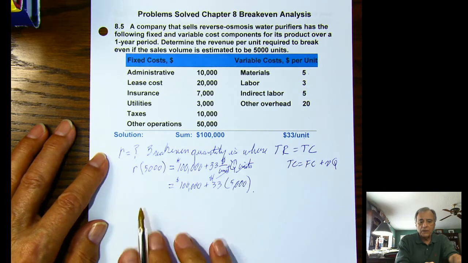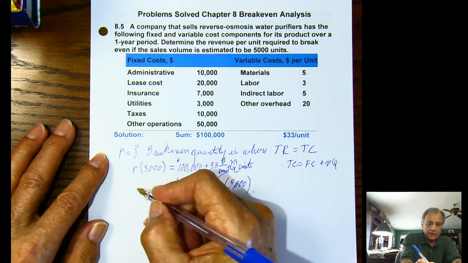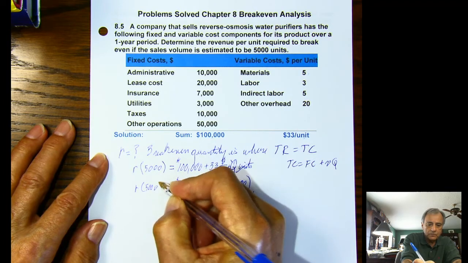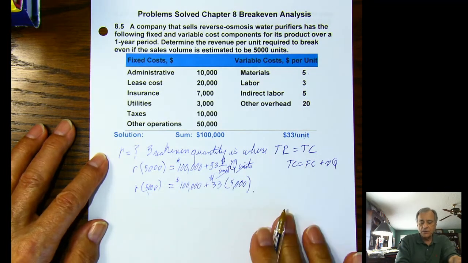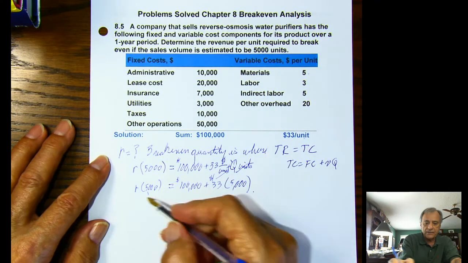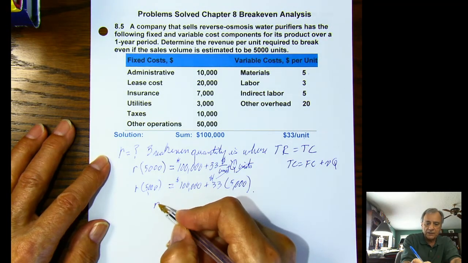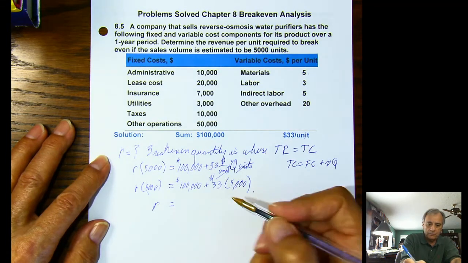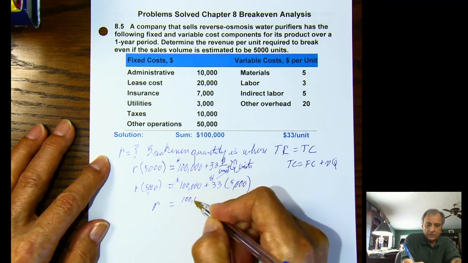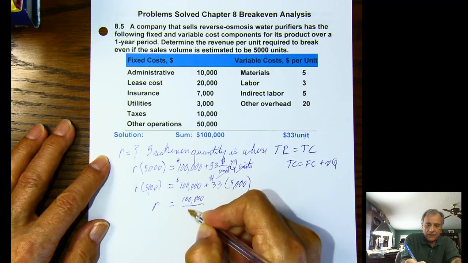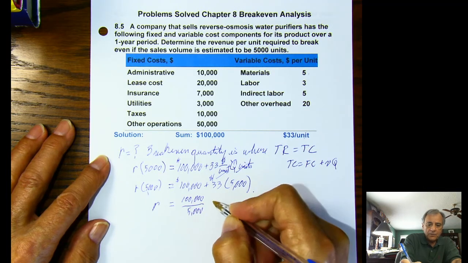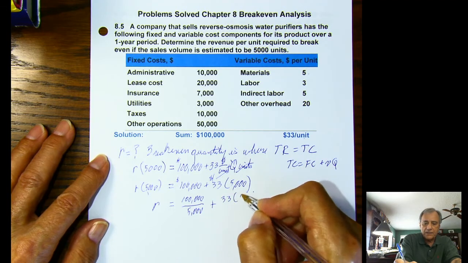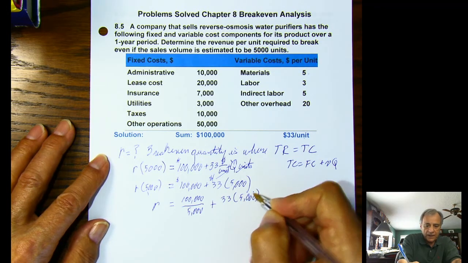And now if we look at our right-hand side, this is R times 5,000. If we divide through both sides of the equation by 5,000, we'll get R isolated, which is what we're looking for. R is equal to 100,000 divided by 5,000 plus 33 times 5,000 divided by 5,000.